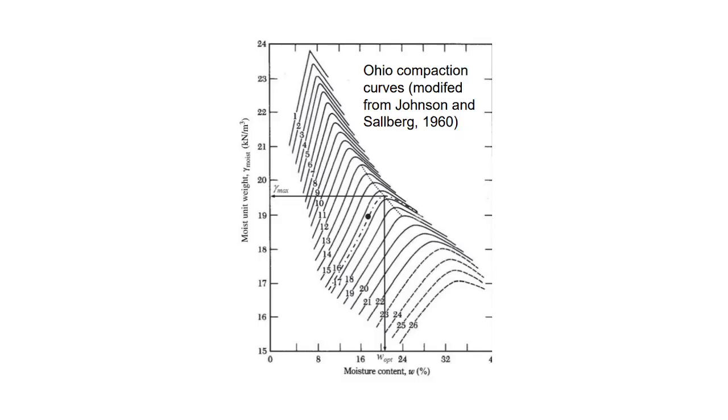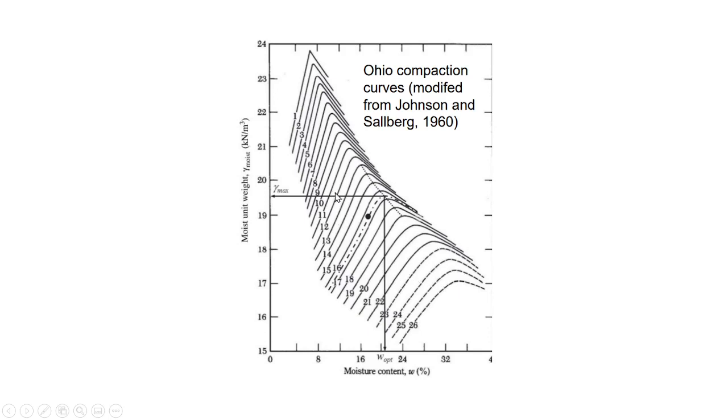The reason behind this is that the graph here denotes on the y-axis the dry unit weight, and on the x-axis we have the moisture content. As we increase the compacting effort, meaning the number of blows, the graph will shift to the left.